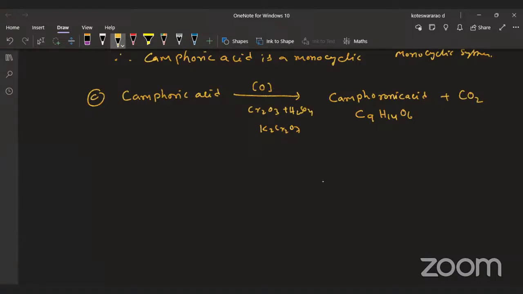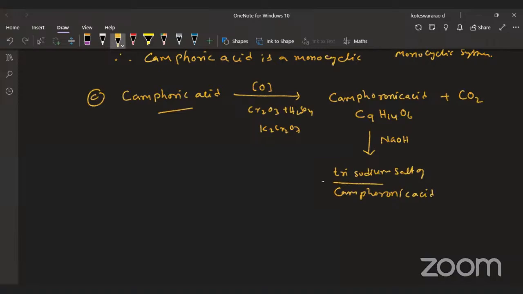Now this camphoronic acid is treated with sodium hydroxide in a quantitative manner. The trisodium salt of camphoronic acid is generated.